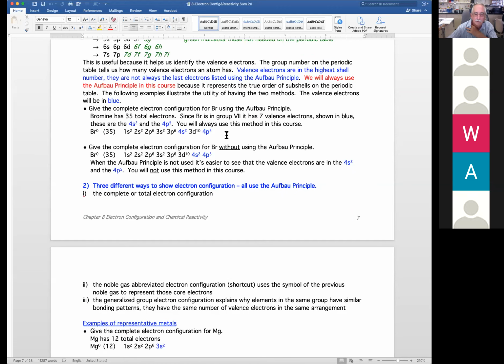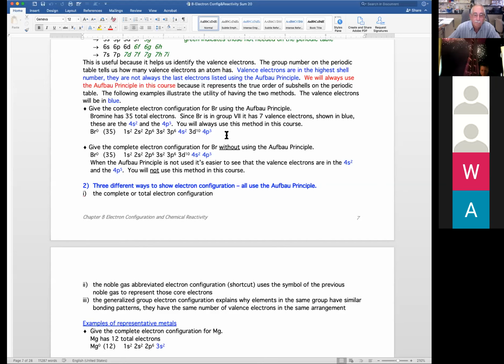And you may be asking the question, why? Well, it's not exactly logical when we try to explain it. But nevertheless, which are the 7 valence electrons for bromine? They are not the 4s, the 4p5, and then you take 2 out of the 10. No, you're taking 2 out of here.